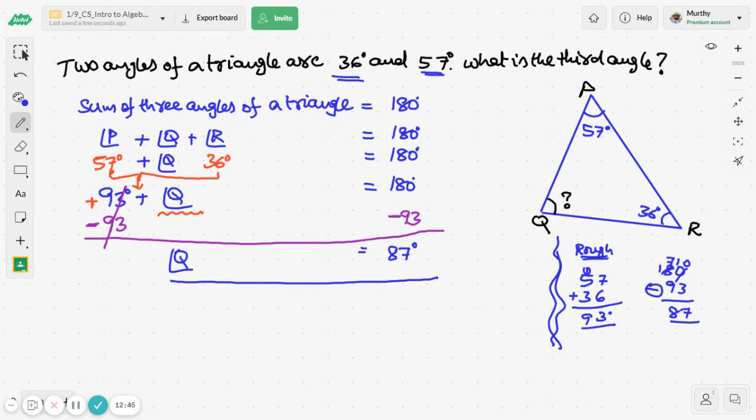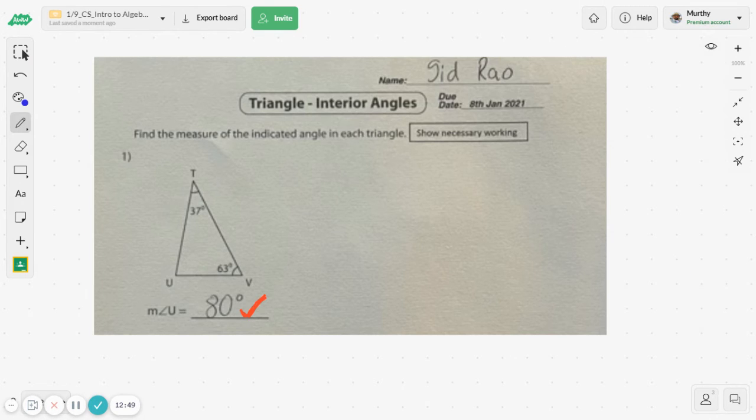Sometimes the diagram may not be to scale. If you measure with the protractor, you may find it as 80. If the diagram is not accurate, then the answer will for sure be wrong.